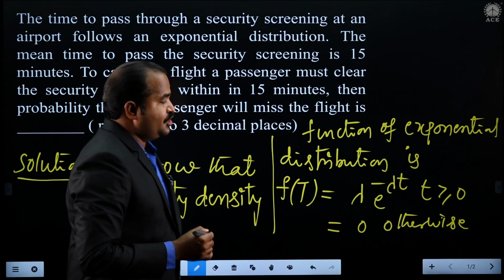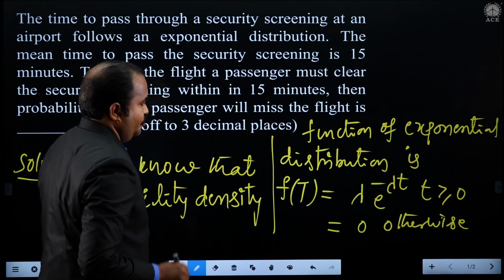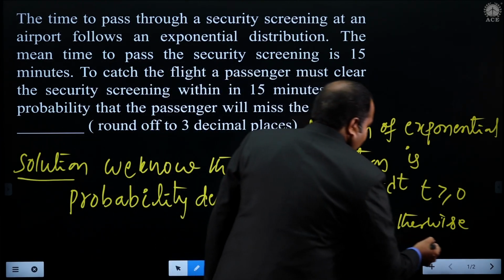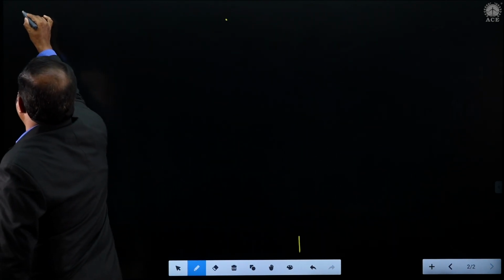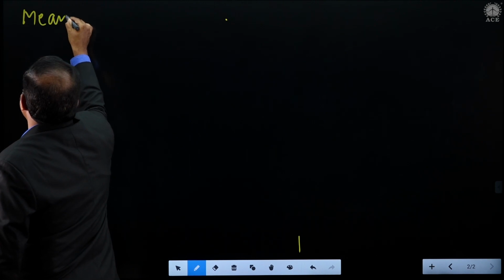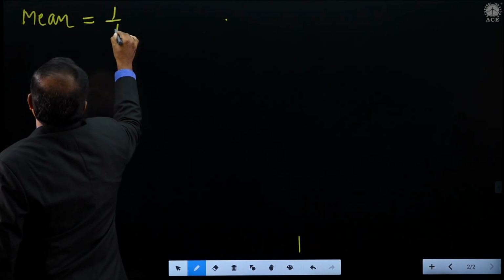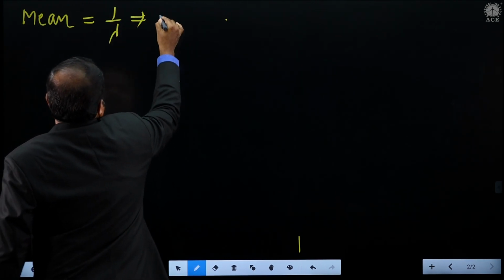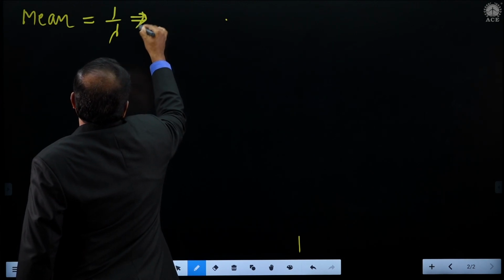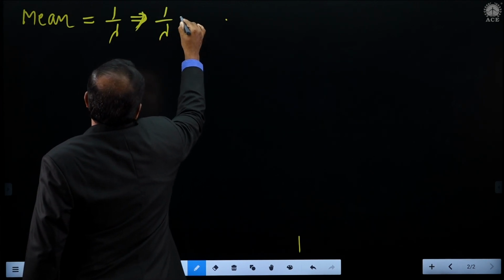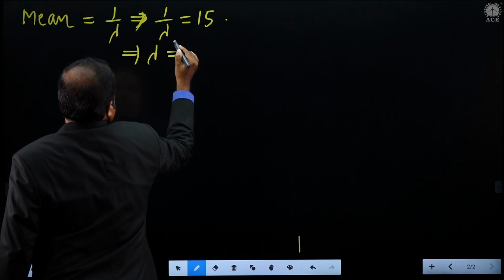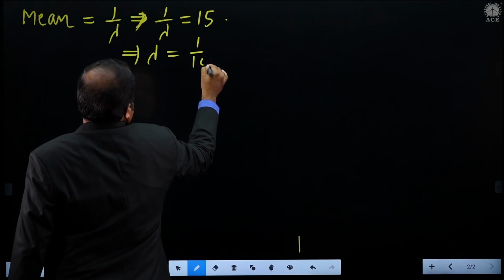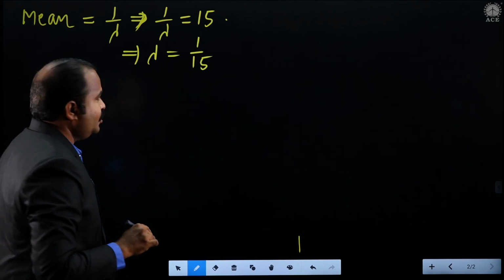This is the probability density function of the exponential distribution, right? And the mean of the exponential distribution equals 1 by lambda. So given that 1 by lambda equal to 15, that implies lambda equal to 1 by 15 only, right?